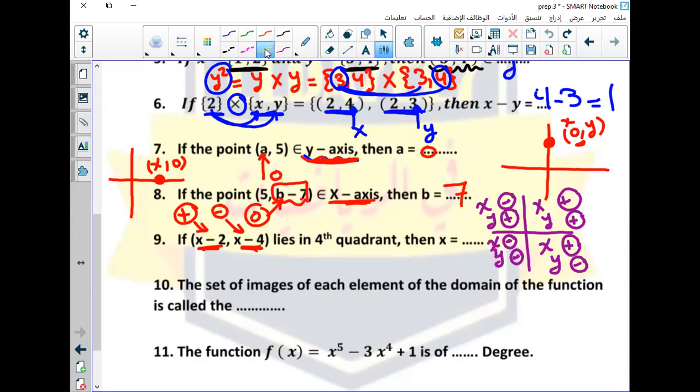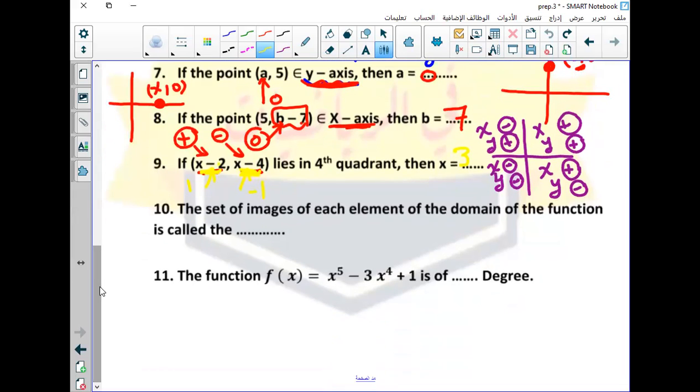The number which makes x minus 2 positive and x minus 4 negative may be 3. 3 minus 2 equals 1, and 3 minus 4 equals negative 1. Then the answer: x equals 3.